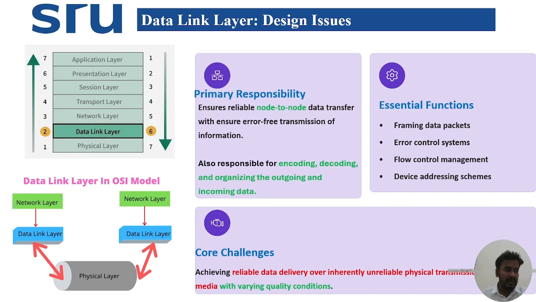This is the network layer. From the network layer, data is communicated through the data link layer and via the physical layer, from the sender to the receiver side. Both can share the data effectively.